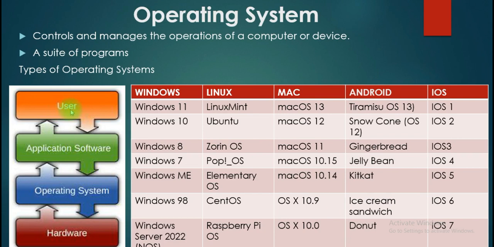Here you have the user, you have the application software. The user would be interacting directly with the application software. The application software would come between the end user and the operating system. And of course, the operating system would be at the level of the hardware.